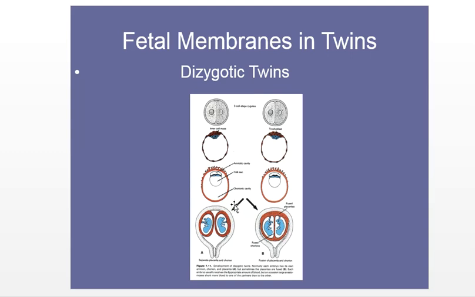Sometimes, however, the two placentas are so close together that they fuse similarly. The walls of the chorionic sacs may also come into close opposition and fuse. Here you can see the fusion between the chorionic sacs.